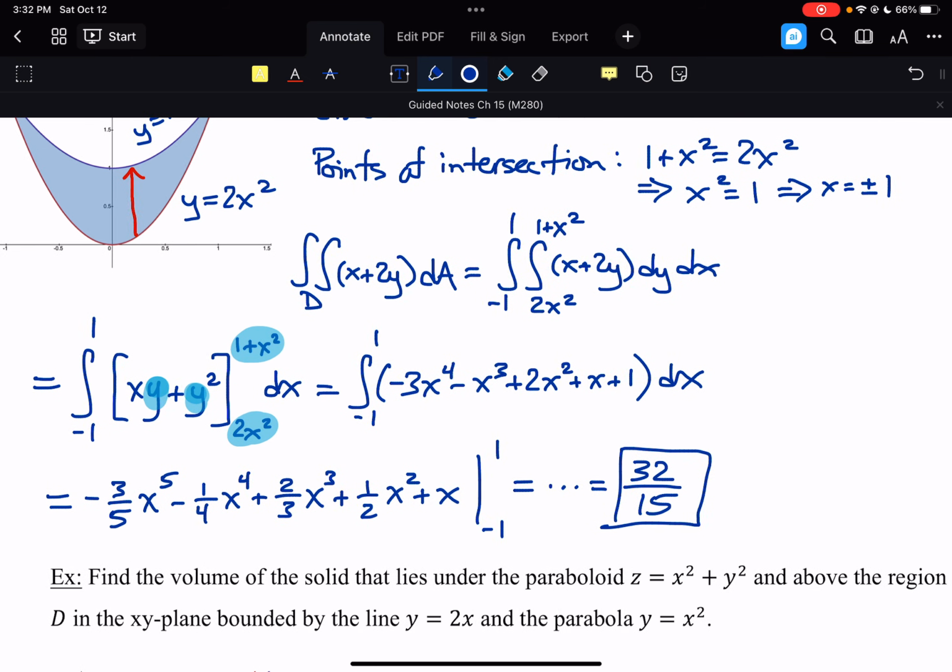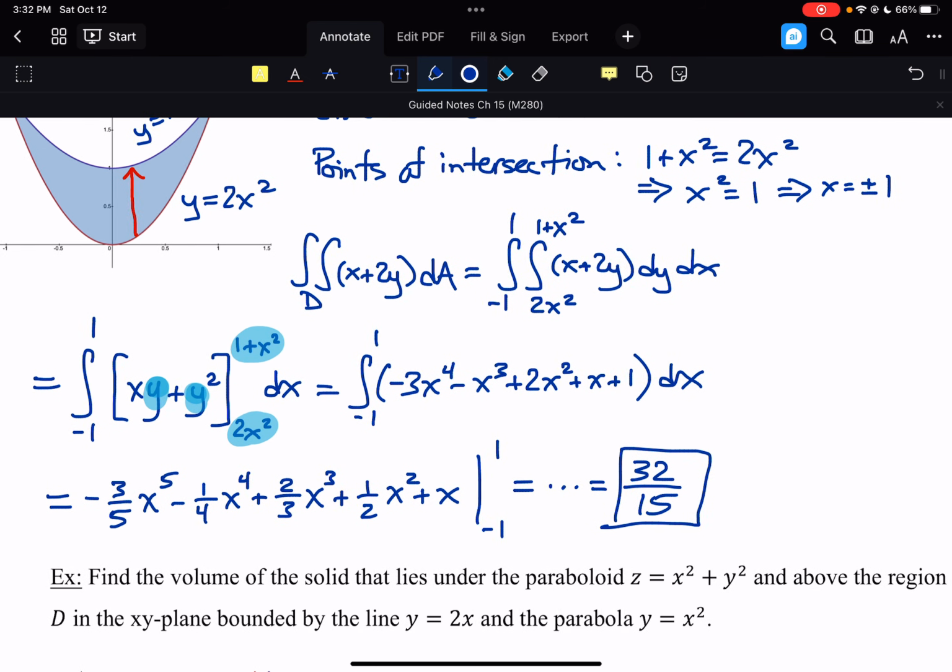If I square both sides and multiply through, we get y squared equals 4y. So we get y times y minus 4 is 0. So y is 0 and 4. So we get the dy integral going from 0 to 4 this time, because we're dealing with the y values, from here up to here vertically.